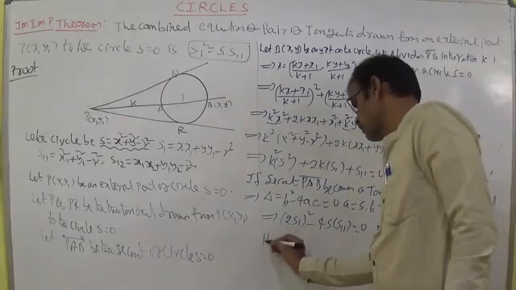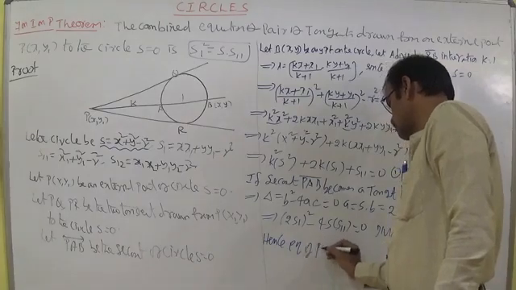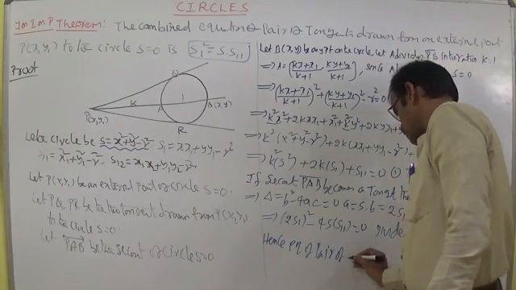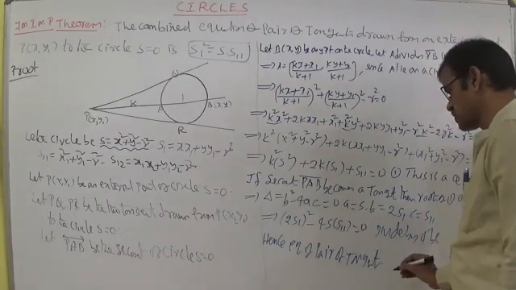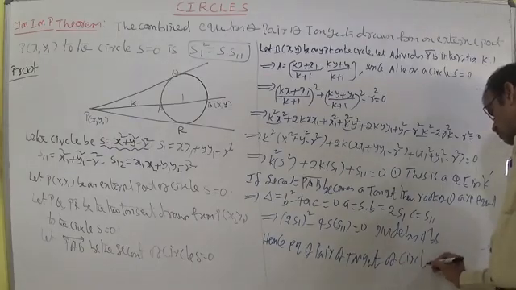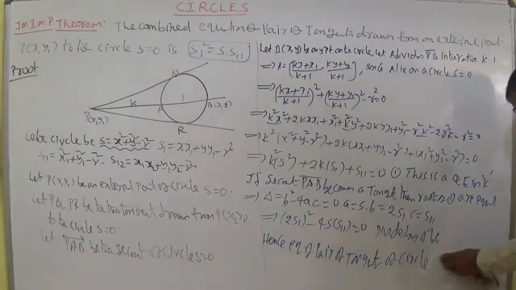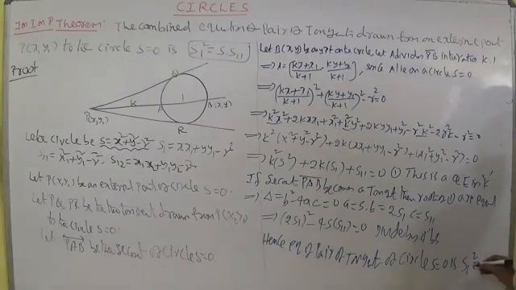Hence, the combined equation of pair of tangents of circle S equal to 0 is S1 square is equal to S into S11. This is the important theorem.